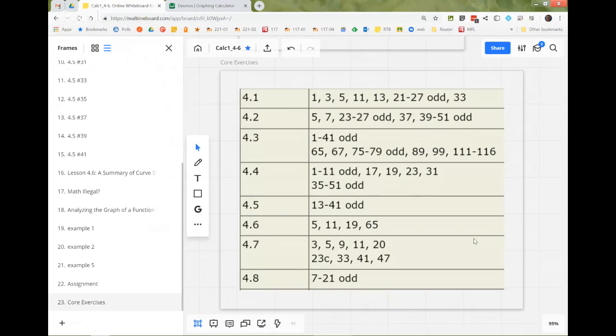And from all of those, get all these clues about the graph, and then try to make the graph, and then check it using technology. And that's basically the idea today.